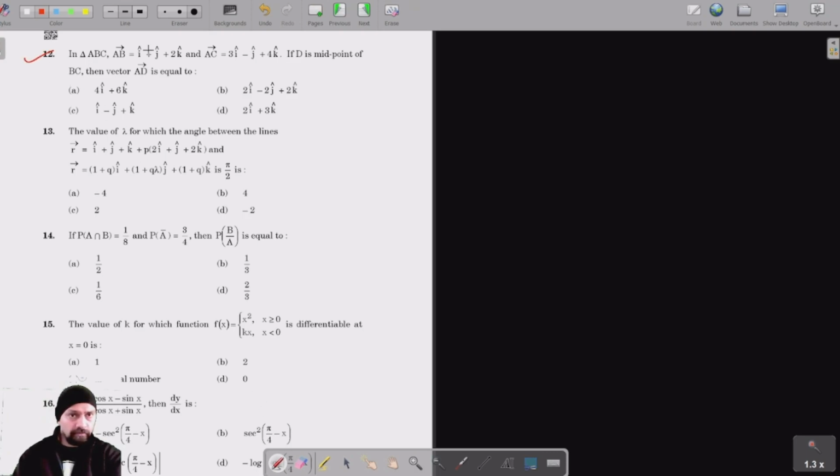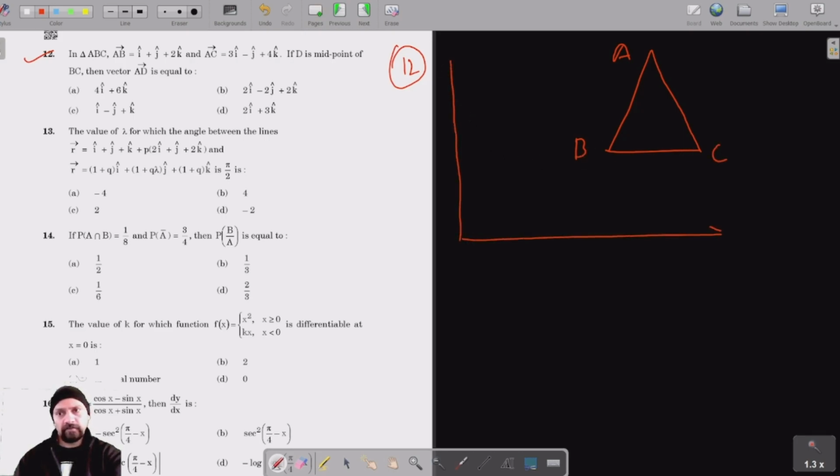For question number 12, it's given that there is a triangle ABC in space. Let's say this is the space XYZ.